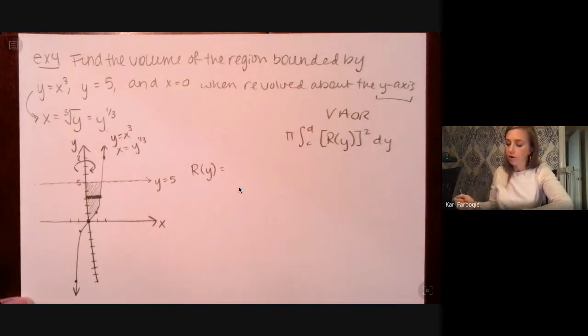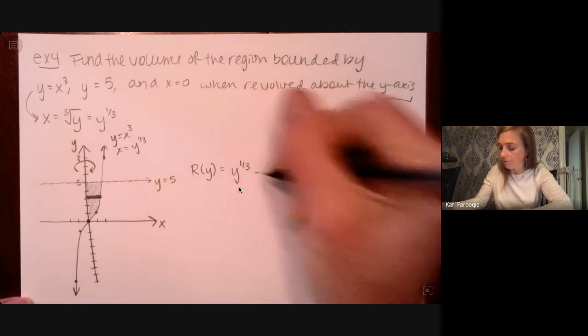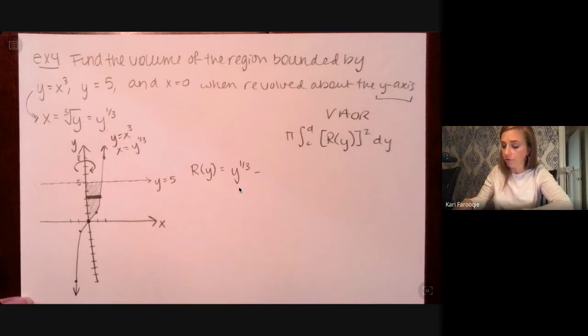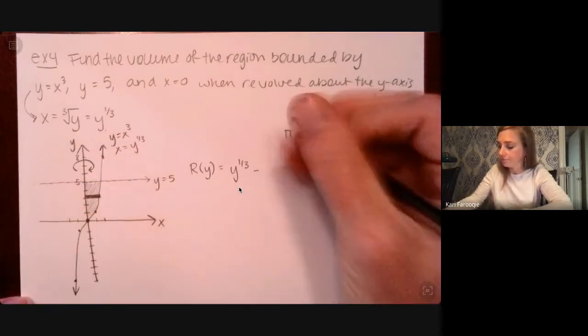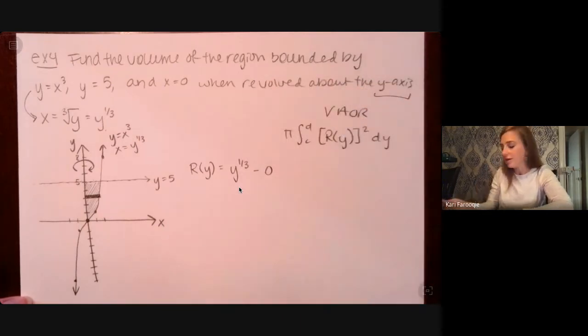So r of y is going to be right minus left. Everything has to be written in terms of y. The right function is y to the 1/3. And the left function is 0. So x equals y to the 1/3 all the way up to x equals 0. You don't have to actually write that. I just feel like it's not as intuitive when you're going right to left.